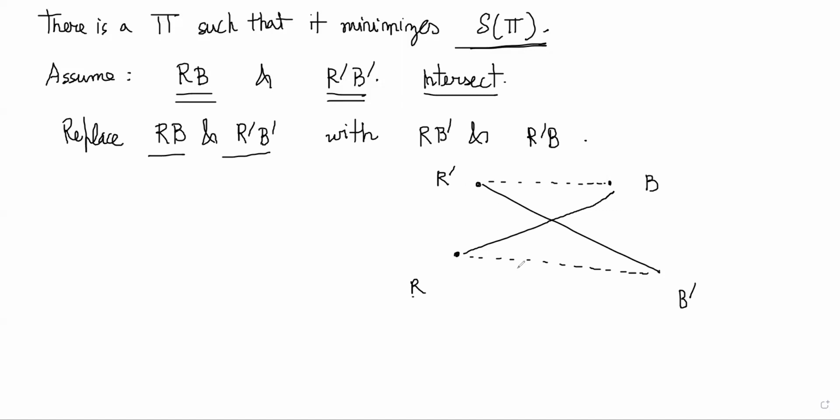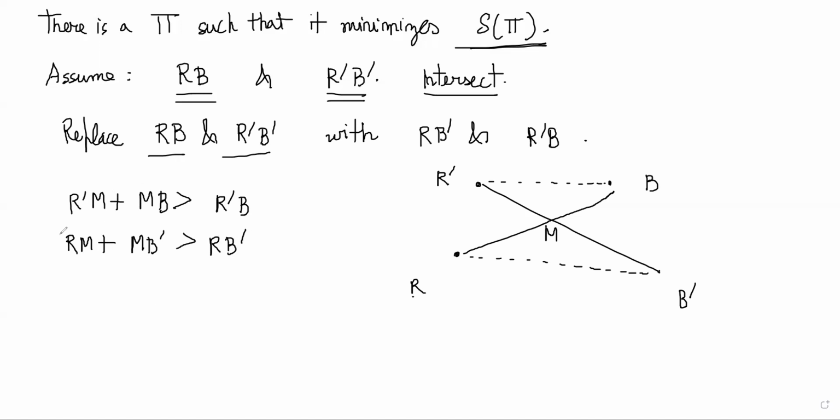Now, because of triangle inequality, let's call this M, we can say that R dash M plus MB is greater than R dash B, and we can say that RM plus MB dash is greater than RB dash.